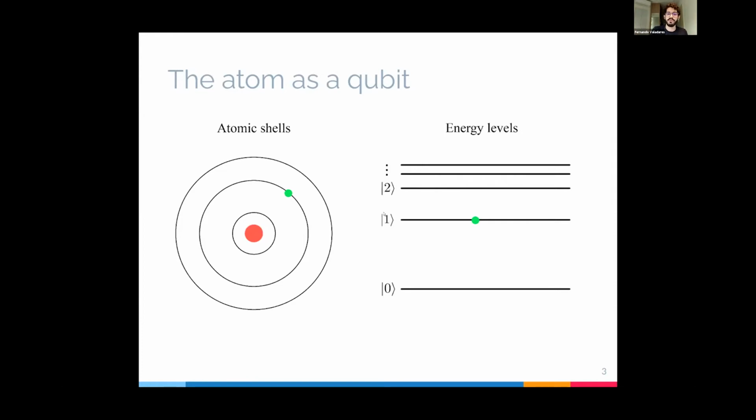Let's first think of the example of the hydrogen atom, because it has only one electron, so it's going to be easier for us. If this electron is, for example, in shell 1, and it jumps to shell 0, to state number 0, this surplus of energy that the electron had is going to be emitted in the form of light as a photon.